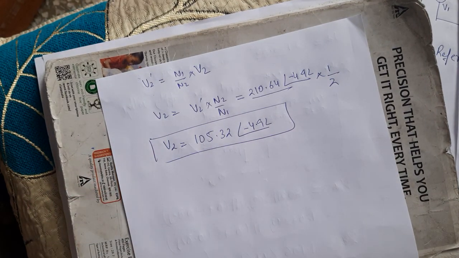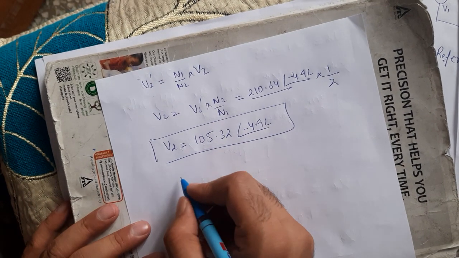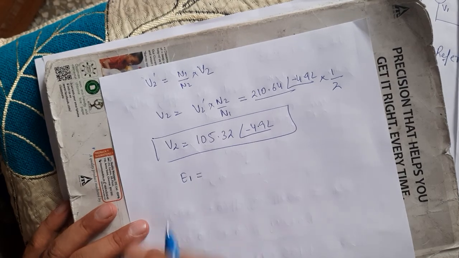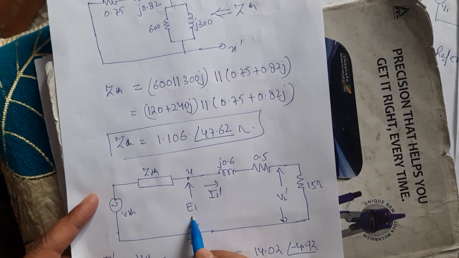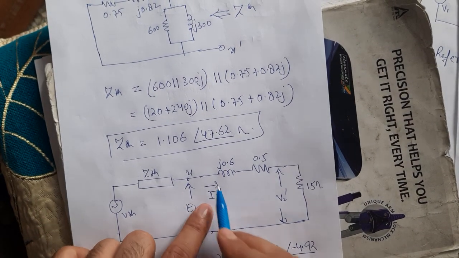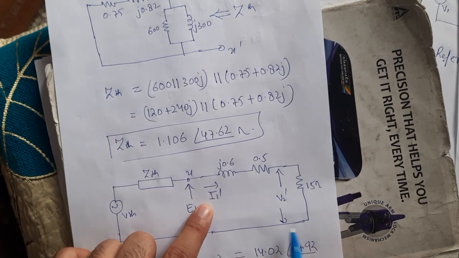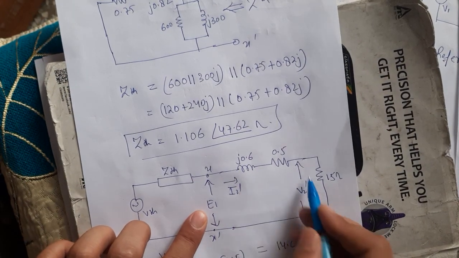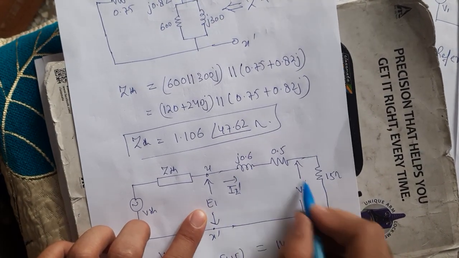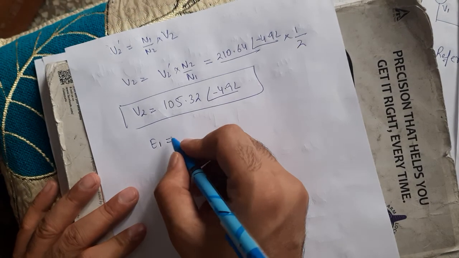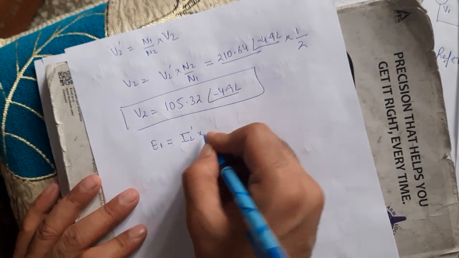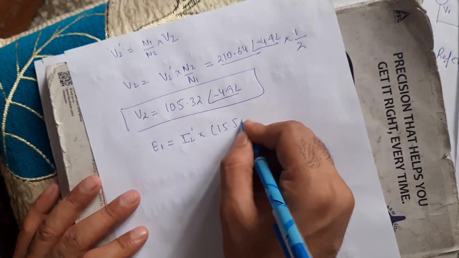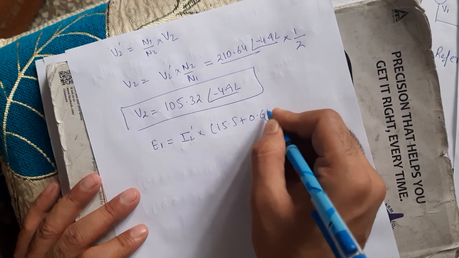You calculated V2. Now let us calculate E1. What is E1? E1 is nothing but I2 dash multiplied by this whole impedance on this side. So E1 will be I2 dash multiplied by 15.5 plus 0.6j.